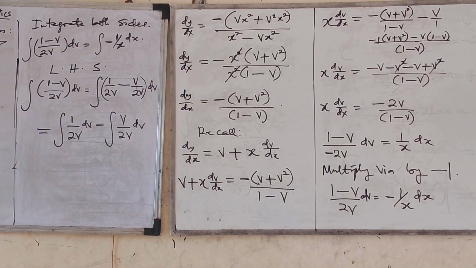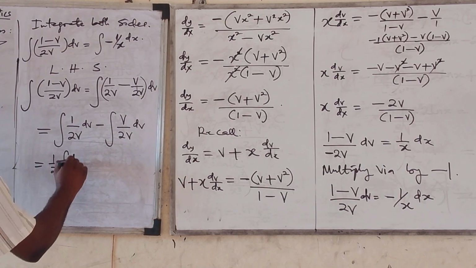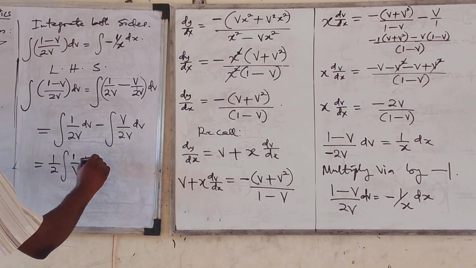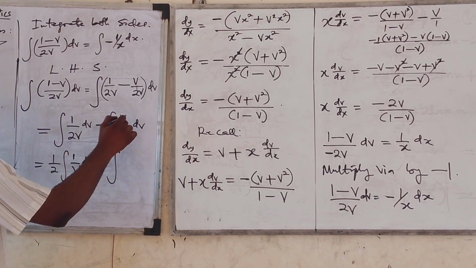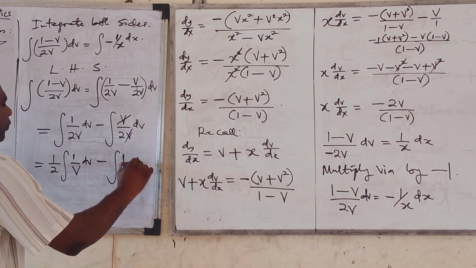So this is the same thing as saying 1 all over 2 integral of 1 over v dv minus the integral. Now this v will go with this v, so what we are left with is 1 all over 2 dv.